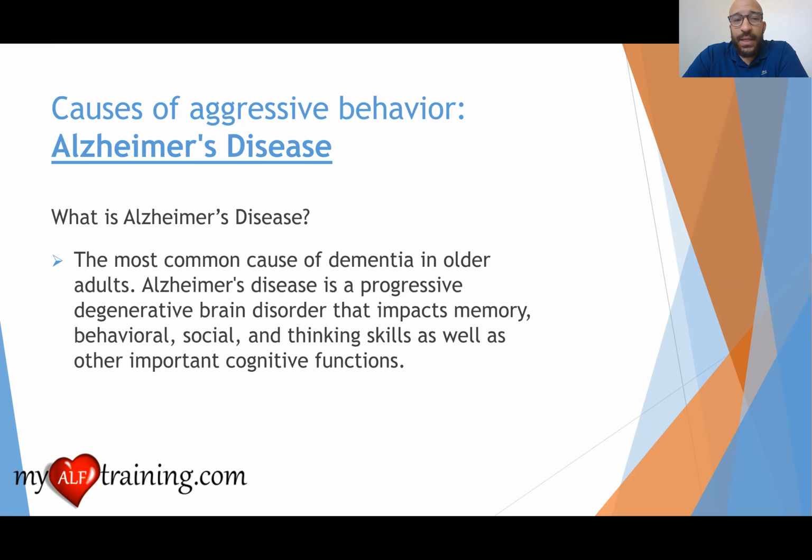So, again, we can imagine how someone with Alzheimer's disease would have this aggressive behavior trait inside of them, and how it could so easily come out when they're having trouble with their day to day. For instance, let's say we have a patient we are taking care of, and we ask them to take a shower. They're supposed to take a shower by this time so they can get into bed by a certain time.